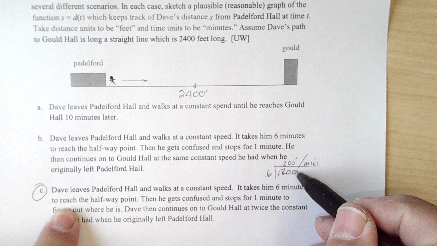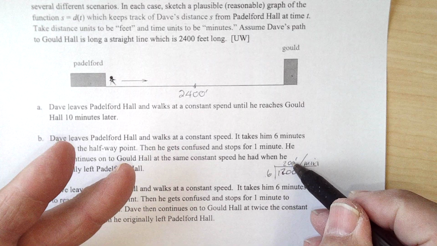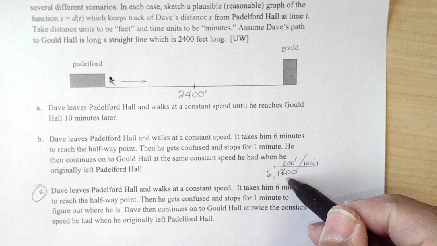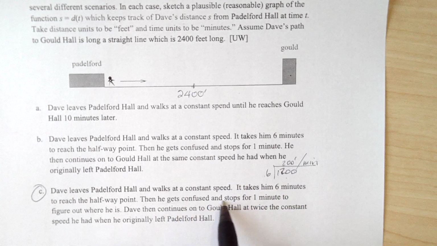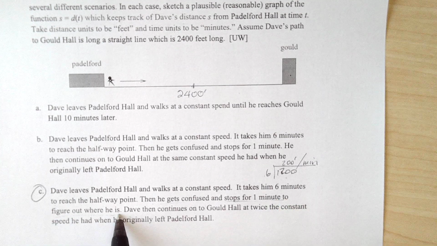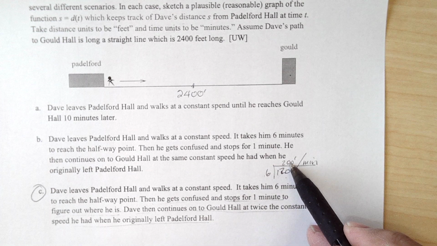You'd have to go 200 feet the first minute, 200 feet the second, third, fourth, fifth, and sixth to get to 1,200 to get halfway. Then he gets confused and stops for a minute to figure out where he is. Dave then continues to Gould Hall at twice the constant speed he had when he originally left. So now he's going to go at 400.